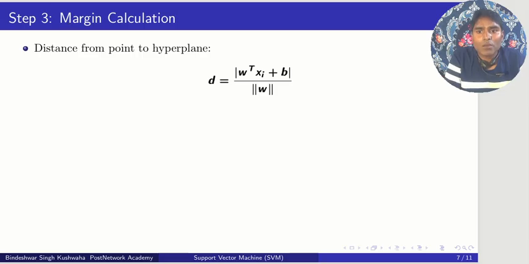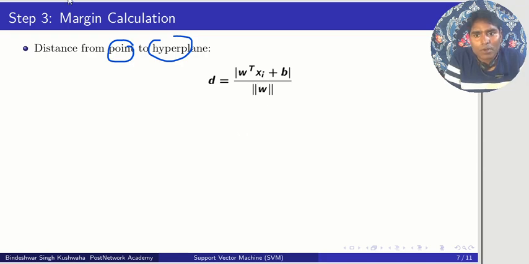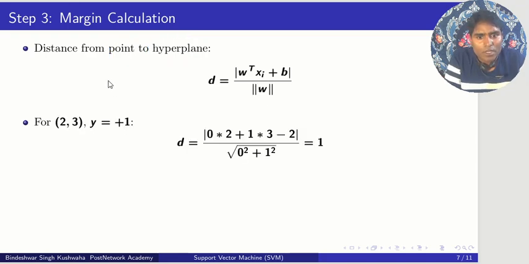Now margin calculation. So the distance from a point to the hyperplane, that would be the distance from the point to the margin. Here I have calculated from 0.23 to y equal to 1.